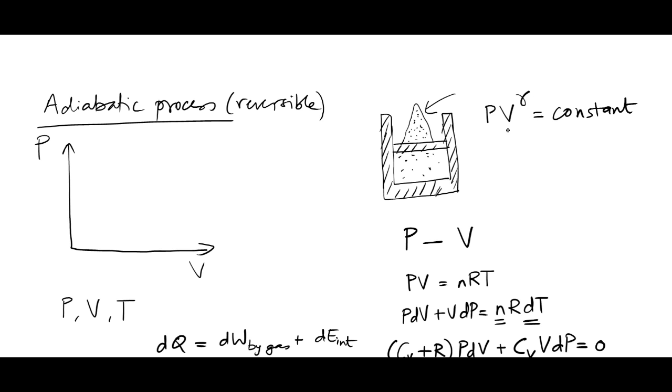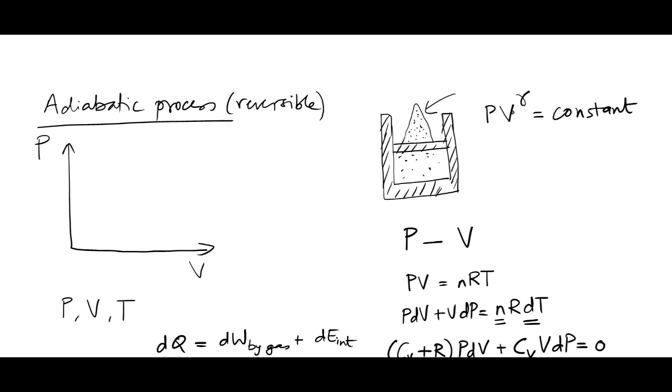There is some sort of inverse proportion, isn't it, between P and V. It's not exact inverse proportion. It would have been inverse proportion if gamma was equal to 1, which it can't be, of course. But still, you know that as P increases, V decreases, and if P decreases, V increases.